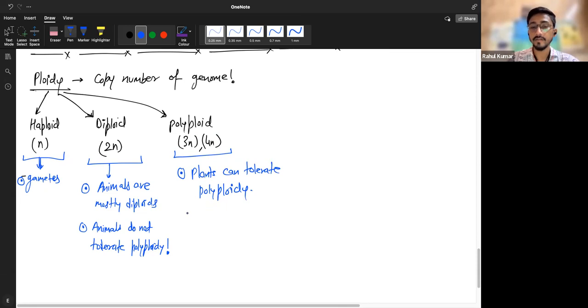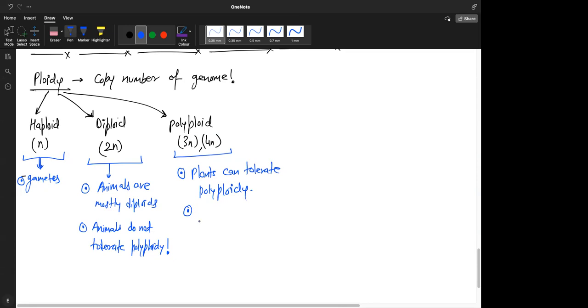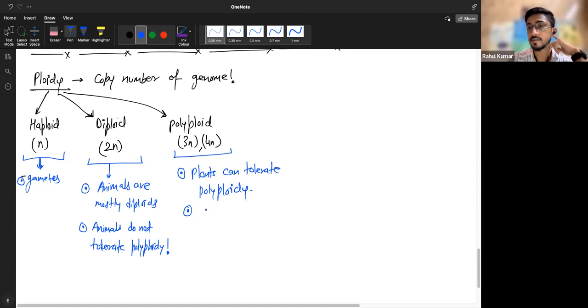Have you read about germination in plants, seed germination? In plants, there is a tissue called endosperm. It is present in the seed.